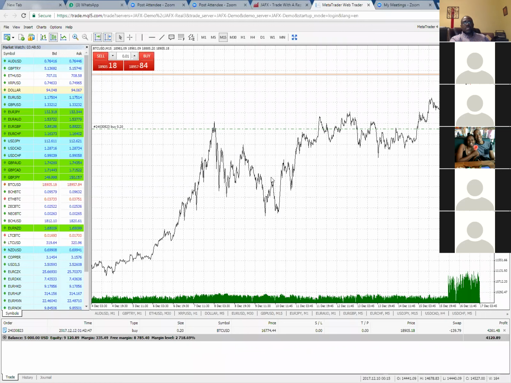And I came into the trade somewhere around the area of consolidation. The consolidation was around 16,500 in this particular area here. As you can see, that green line denotes the area where this particular trade commenced. However, one would not have known exactly where the trend would reverse to the upside.